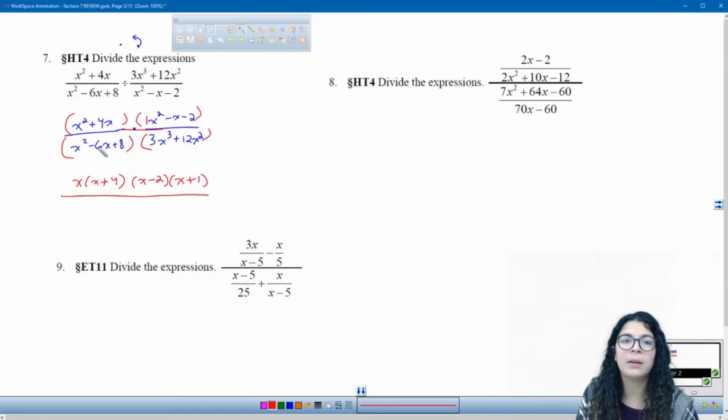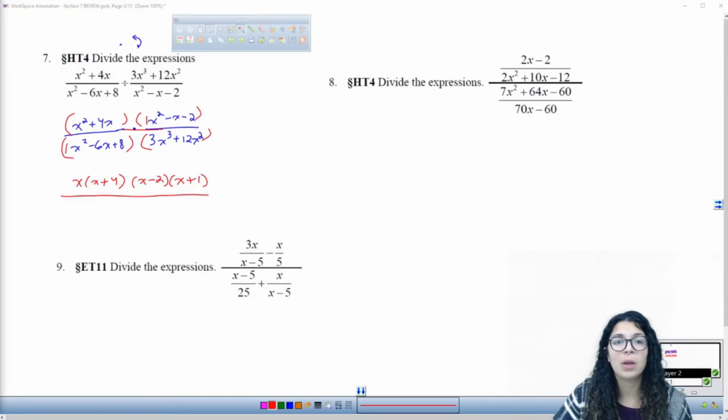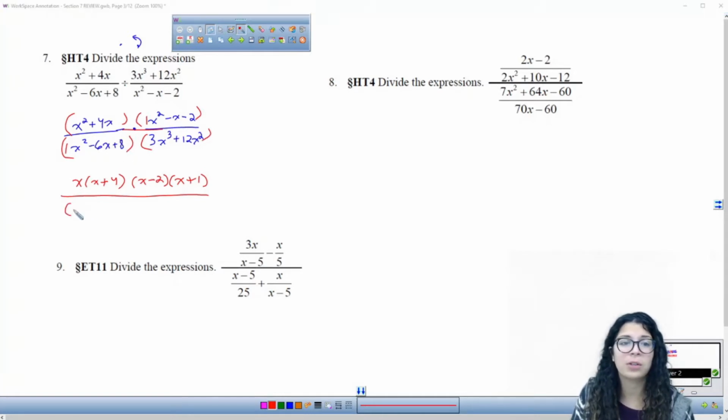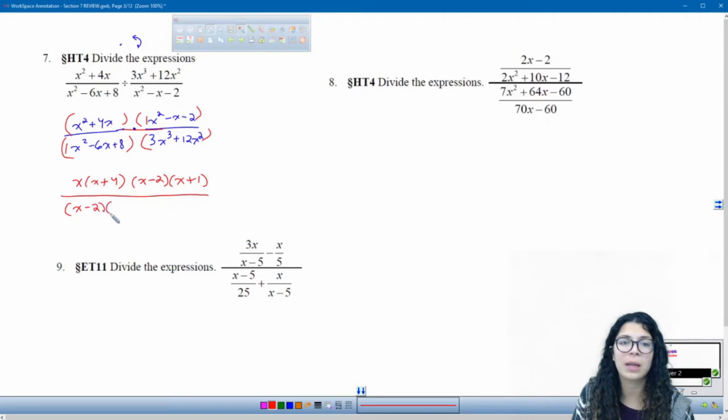In the denominator, this trinomial would factor: multiplies to 8, adds to negative 6, would be 4 and 2. Specifically, we want the 4 and the 2 to both be negative. That way we add to a negative, but multiply to a positive. So this will factor into x minus 2 times x minus 4.